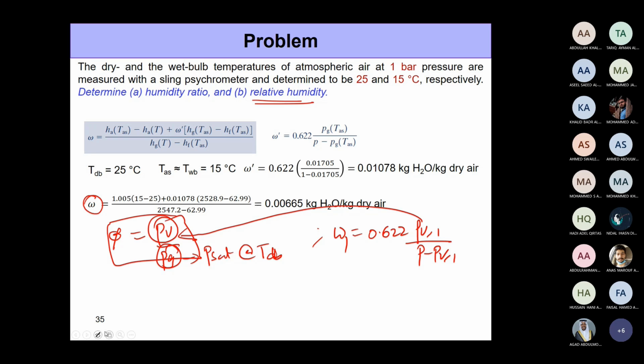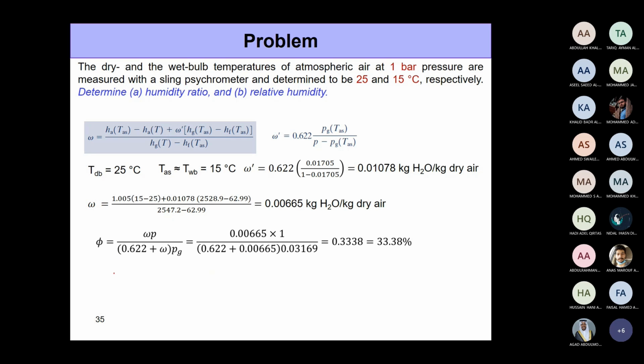There's again a formula for that, which allows us to do so. This relative humidity is written in terms of omega times Psat at the temperature of interest. Remember, this one is Psat at 25 degrees Celsius, whereas here we were looking at Psat at the adiabatic saturation temperature of 15 degrees Celsius.